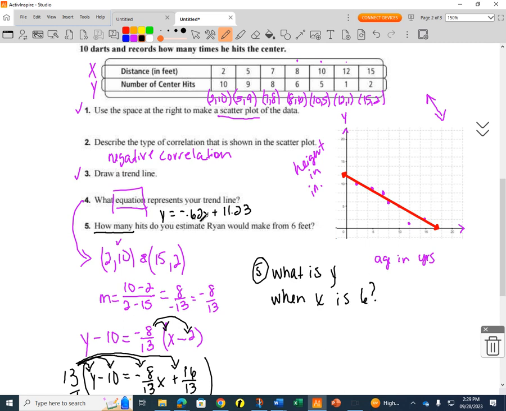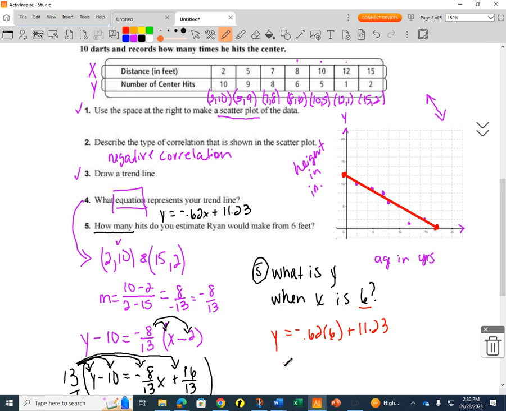So I'm going to take this equation and I'm going to plug in 6 for x. So y equals negative 0.62 times 6 plus 11.23. And we're going to predict the number of times he's going to hit the center when he's 6 feet away.